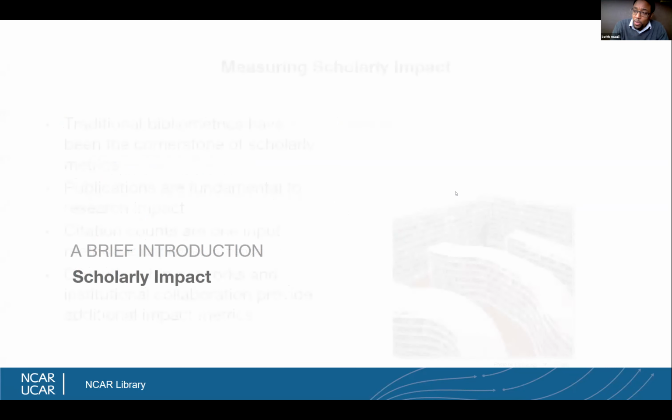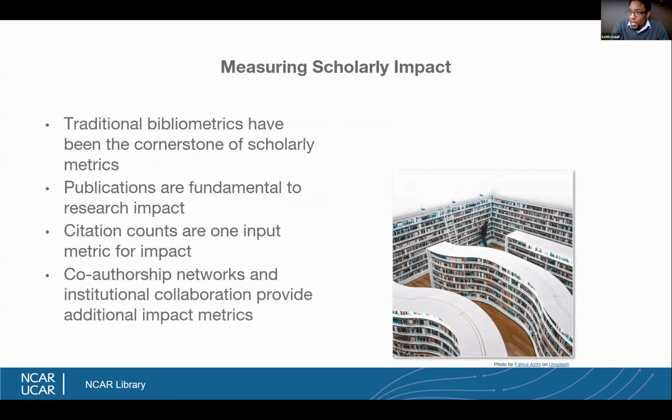So let's talk a little bit about scholarly impact. Most everyone here is fully aware of the work in scholarly metrics. If you're not directly familiar with it, you are certainly familiar with it if you've written any papers. And with those papers, you're probably constantly checking for new citations, figuring out where your work is being used and where your work is flowing.